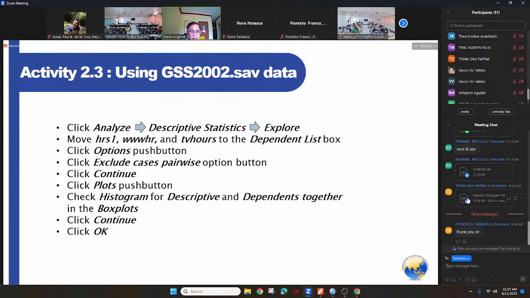And then under options, exclude cases pairwise, then continue. Then click plots, histogram for descriptive and dependents together, and then box plot, continue, and then okay. So, can you do this exercise, activity 2.2?